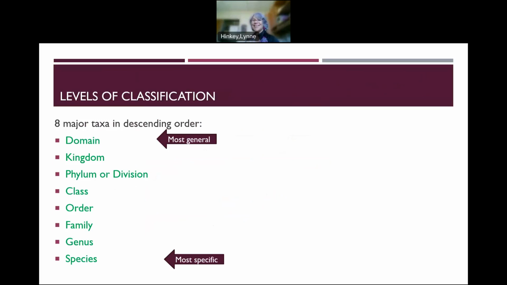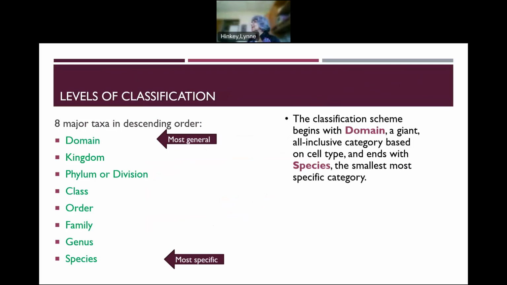If I just said, hey, it's Lynn, which one? I don't know. So I'd have to clarify by adding my last name, which would be similar to the genus: Lynn Hinkey. In genus and species, we'd say Hinkey, Lynn. Now I've identified me down to an individual person. So here we're going to identify down to an individual group of organisms, or species.